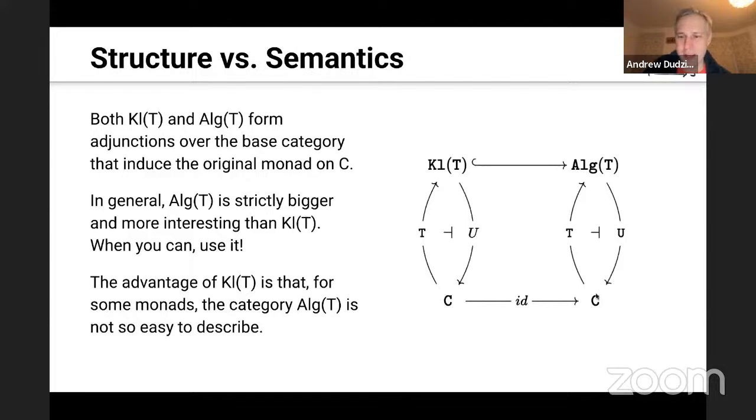But this adjunction on the right here is an essential free forgetful adjunction. This T is sending objects to the free algebra on that object, and this U is a forgetful functor.